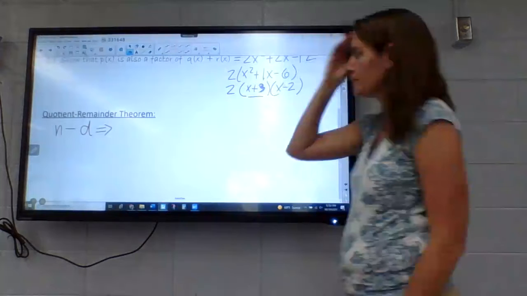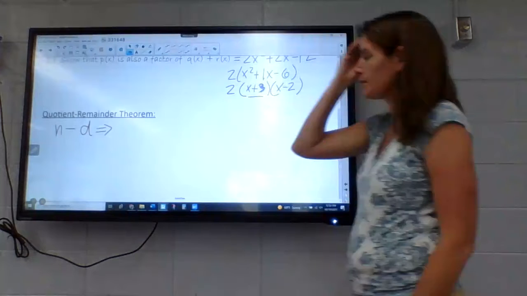If d is not a factor of n, we will have a remainder. What we'd have then is that we can say that n would equal d multiplied by some number, so q times d, and then plus r, which is going to be our remainder.